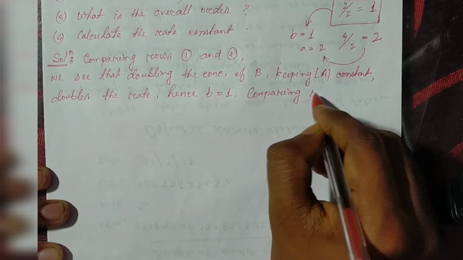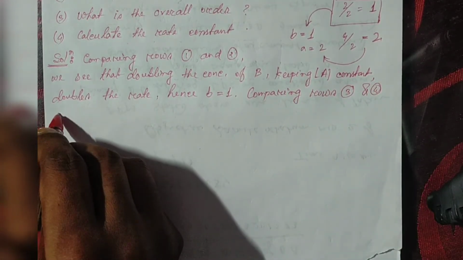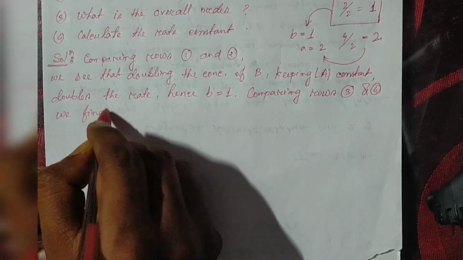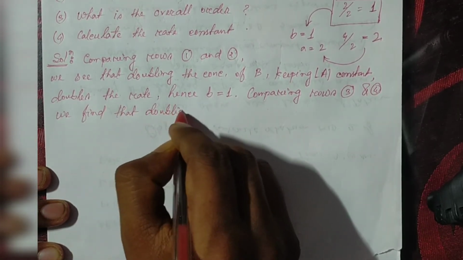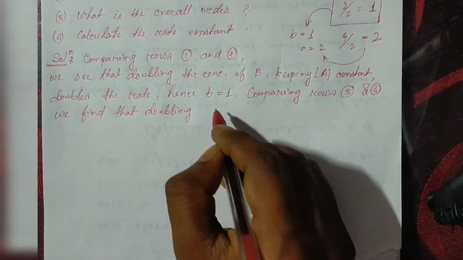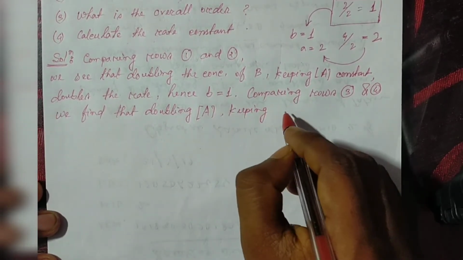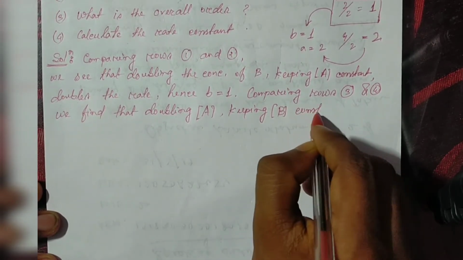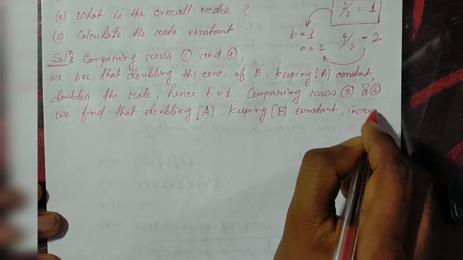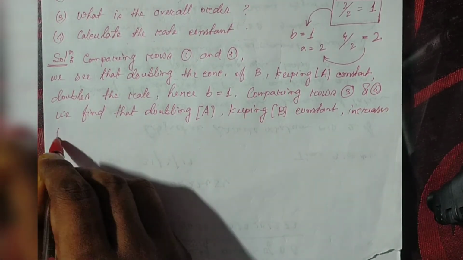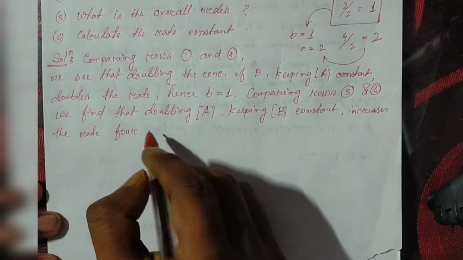Comparing rows 3 and 4, we find that doubling A, keeping B constant, increases the rate fourfold.